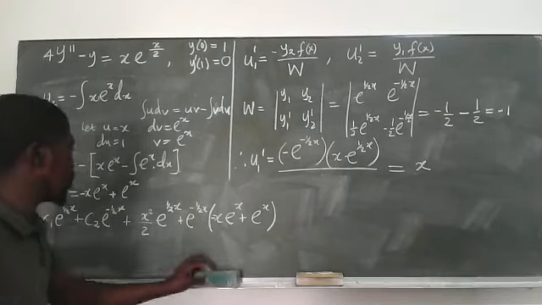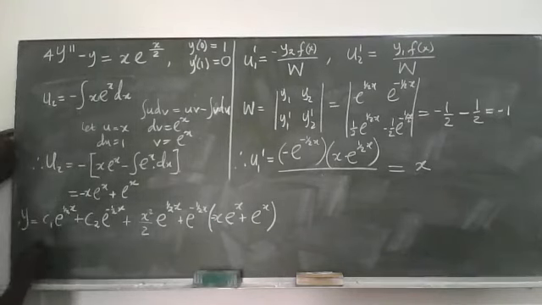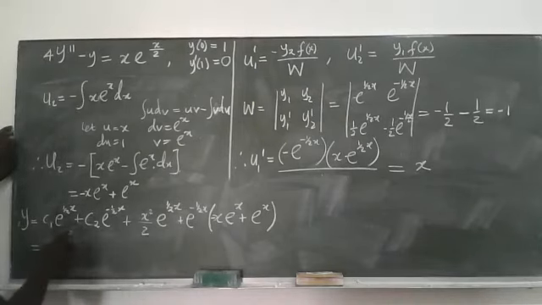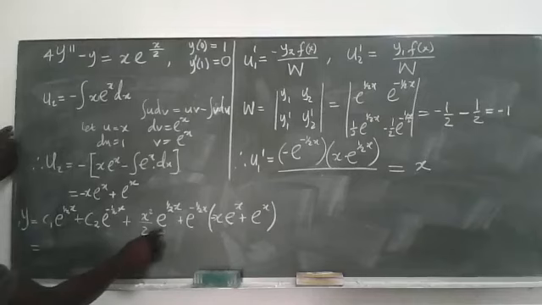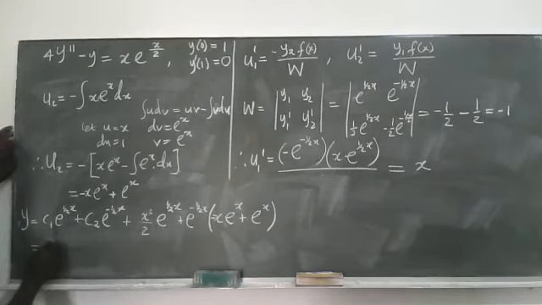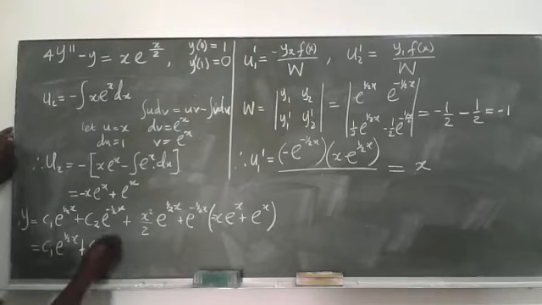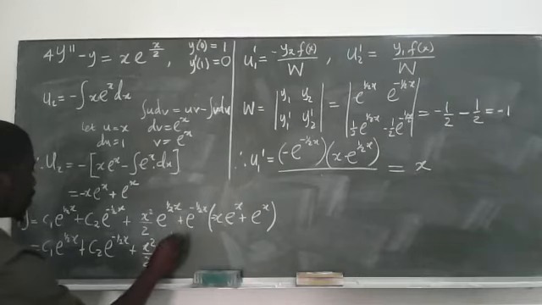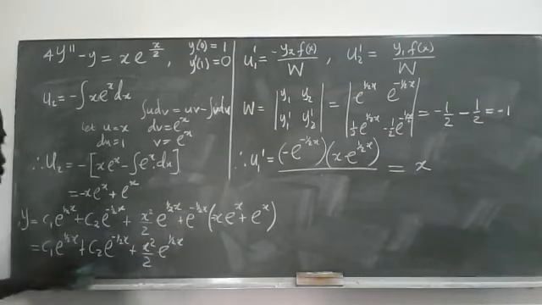So now, if I'm going to simplify this thing a little bit further, you end up with these pieces, they look fine, but maybe I can factor out e to the half x between this and that. Or I can just leave it as it is, c1 e to the half of x plus c2 e to the negative half x plus x squared over 2 e to the half x, right?